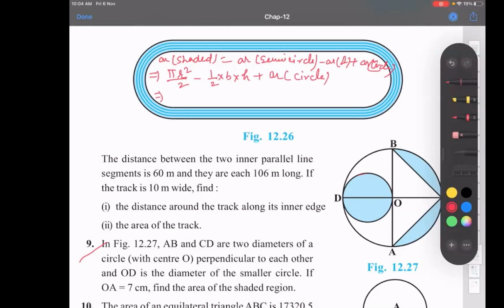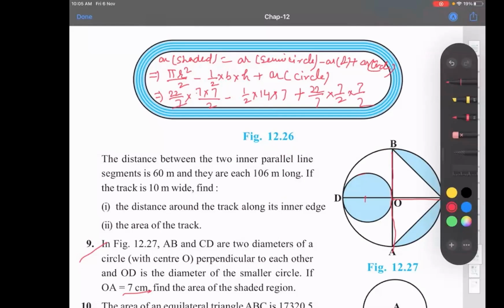Pi we can take 22/7, r is given to us as 7 centimeter, minus 1/2 into base, which is AB, so this is 14, and height, which is 7 centimeter, plus area of circle, which is 22/7 into 7/2 into 7/2.